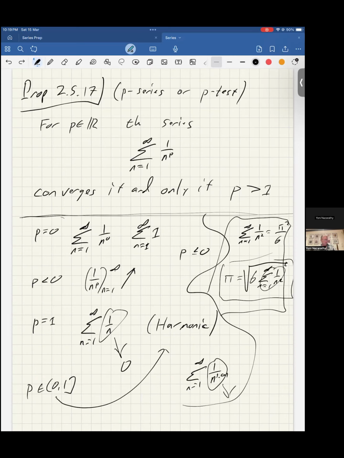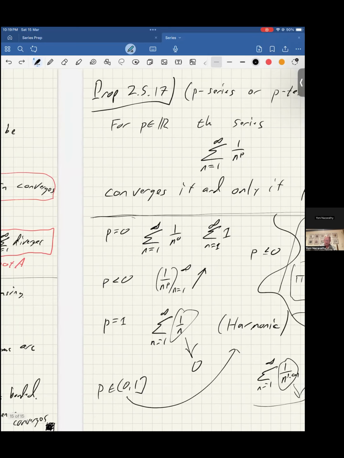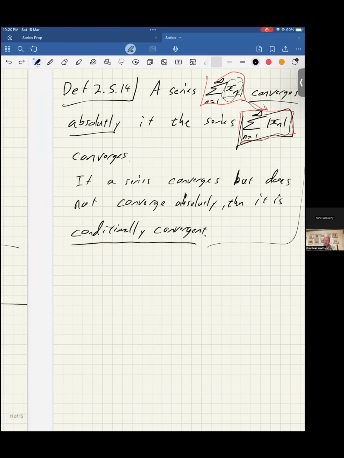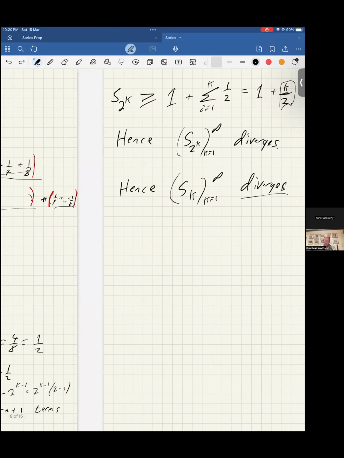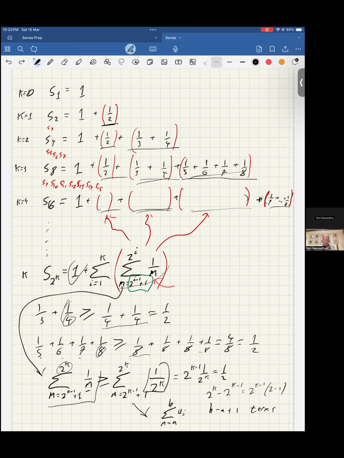Now, I won't show the proof here. I'll just say that the proof of convergence for p greater than 1 uses arguments similar in nature to what we did with the harmonic series.